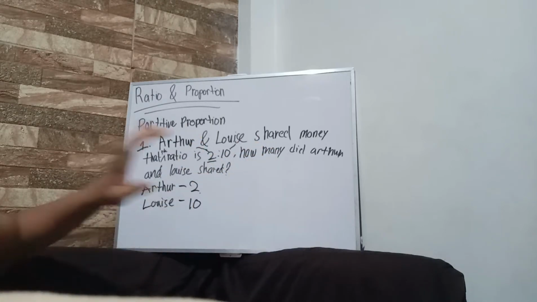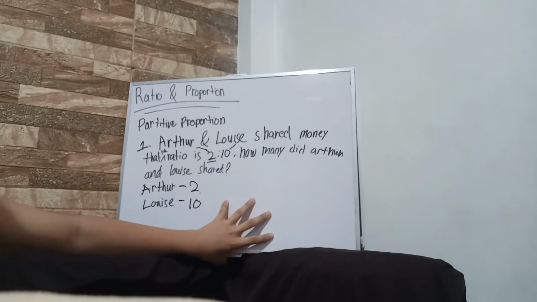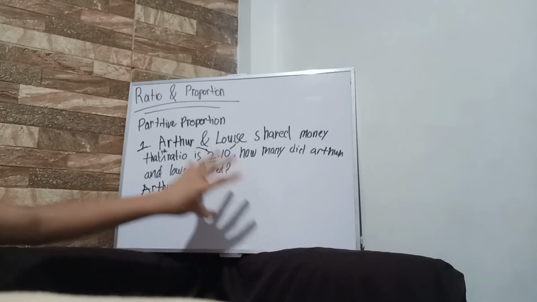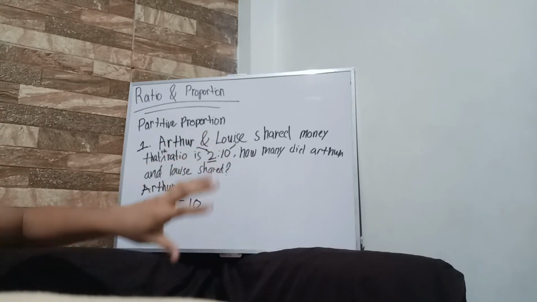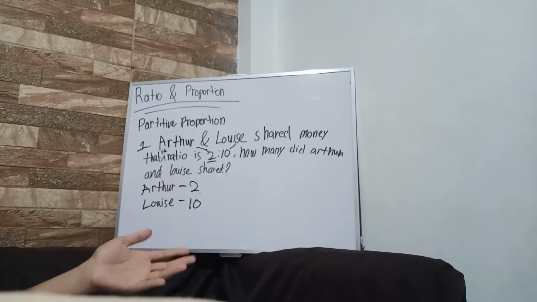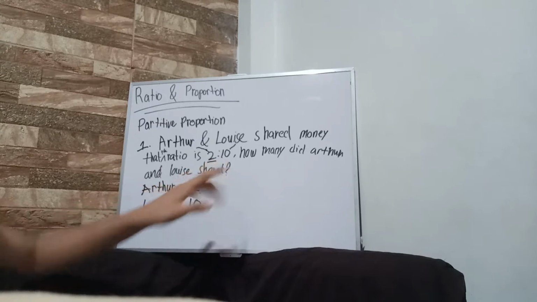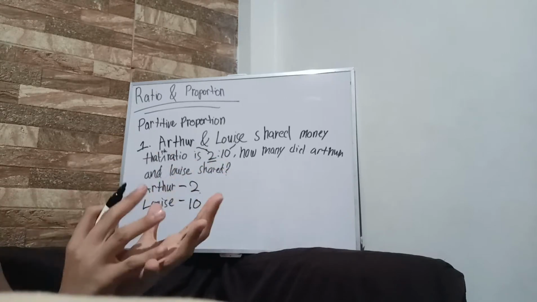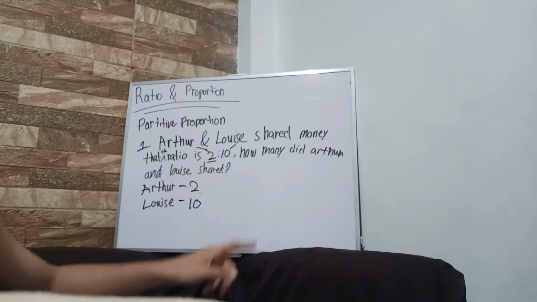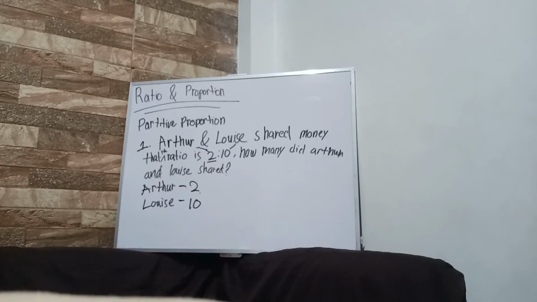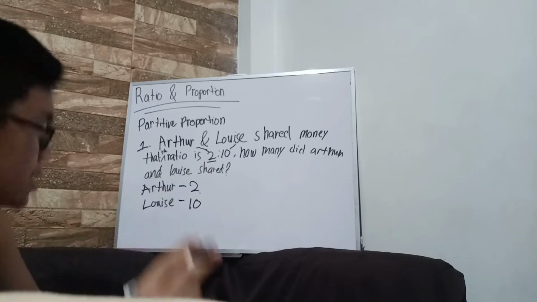So this problem needs to find the money they shared. So the 2 and 10 will be added, combined. So 2 is to 10 will be 2 plus 10, so it will be 12. Sorry, 12.